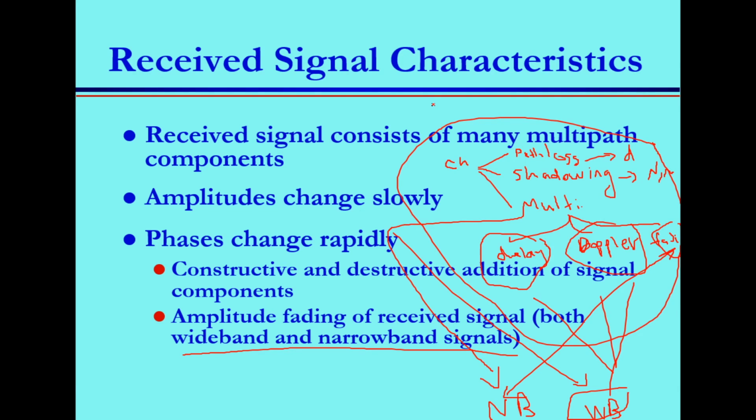In that sense, when we have narrowband, then u of t, which is something like this, is almost equal to u of t minus tau. So the receiver is not able to distinguish between the signal that reaches at time equal to 0 and the signal that reaches at time equal to t minus tau.